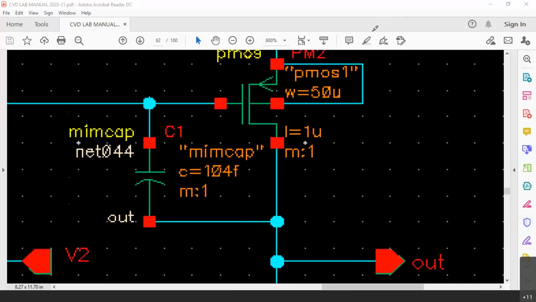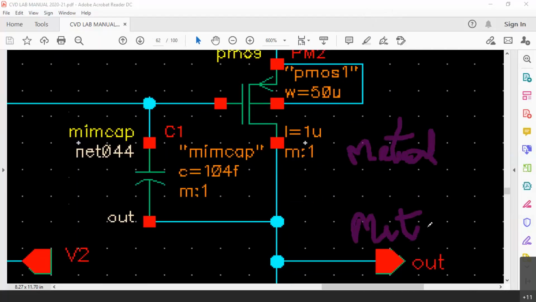It may be difficult for you to guess, so let me write. MIM is metal. The last M is also metal. Now can you guess the I in between? This M is metal, this M is metal. What is this I?